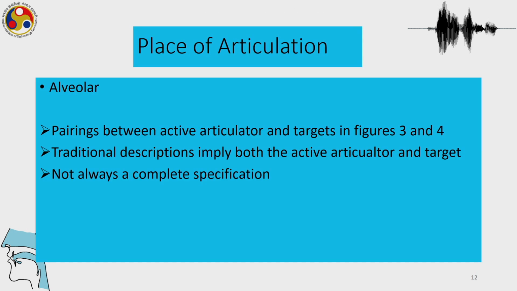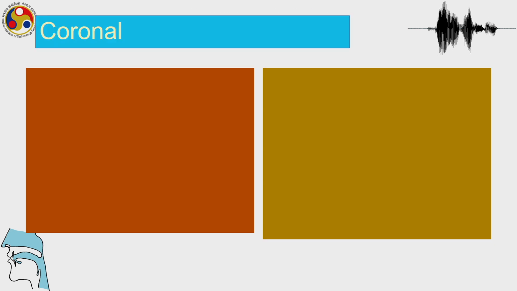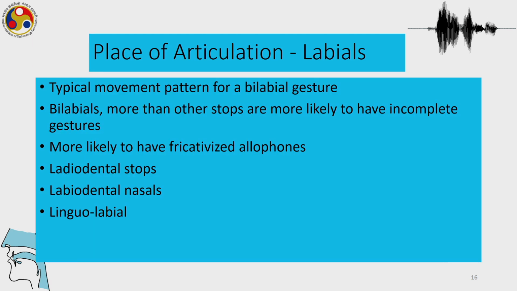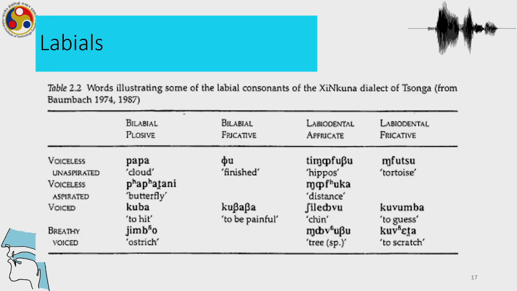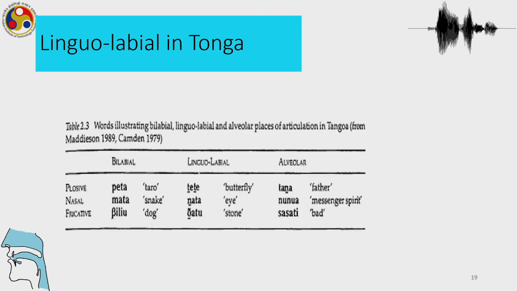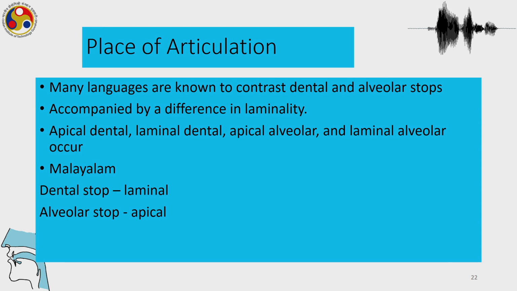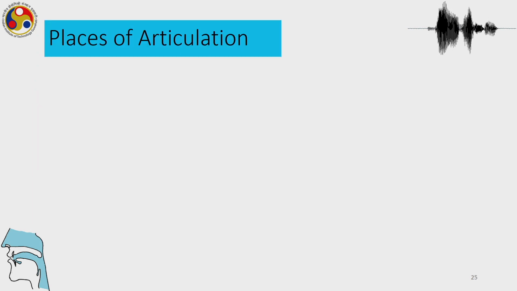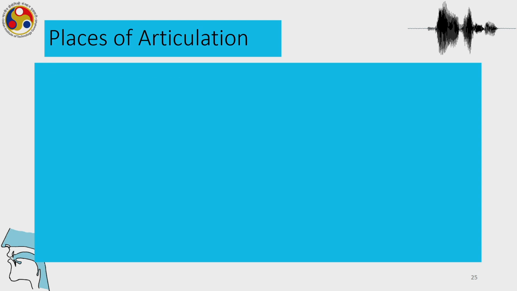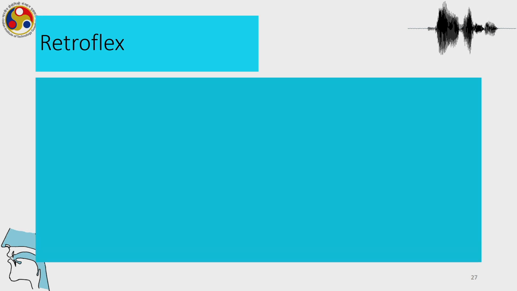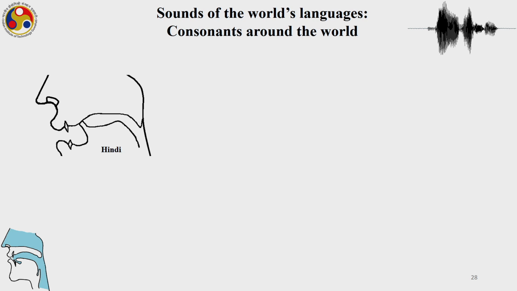So we talked about place of articulation as targets, and how the coronal region can be divided into the tip of the tongue and the blade of the tongue, targeting different regions, and how we can have sounds that we see in very few languages like linguolabials, which we saw in Tonga. We also saw other differences in articulation like retroflexion, which is seen in some language groups, especially in South Asia, and also in Austronesian languages as well as a few other languages.